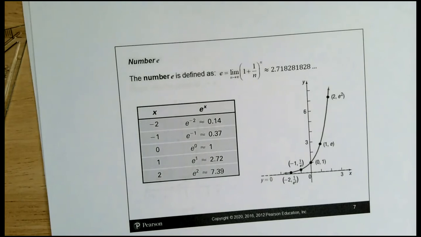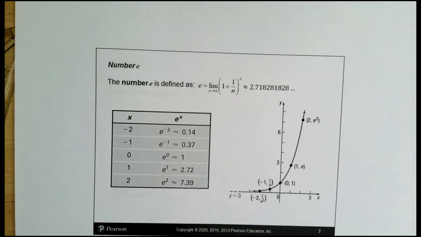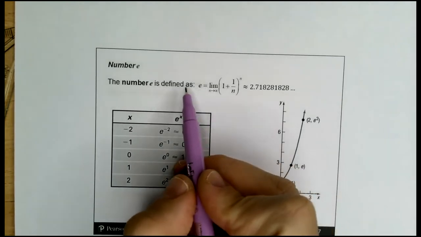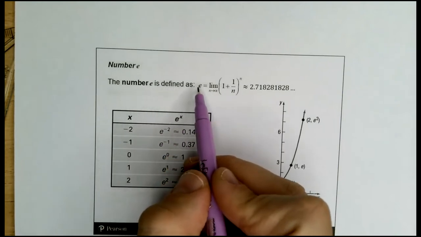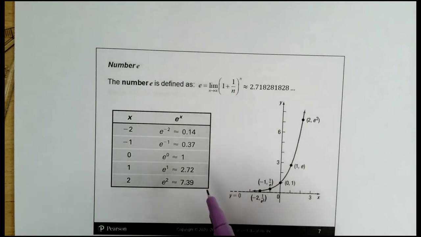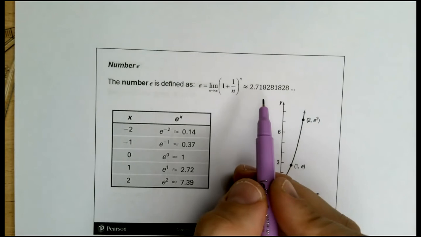This next slide tells us about the number e. So beyond college algebra, you will encounter things called limits in calculus and those courses. e is the limit. So how we read this is the number e is defined as the limit as n approaches infinity of the quantity 1 + 1/n raised to the power of n.